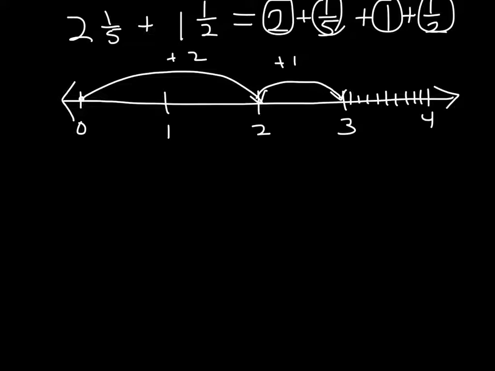So I'm going to add 1/5, which is going to be 2/10, and 1/2 will be 5/10, of course. So I'm going to count over 1, 2, 1, 2, 3, 4, 5, and I land at 7/10 for a final answer of 3 7/10.